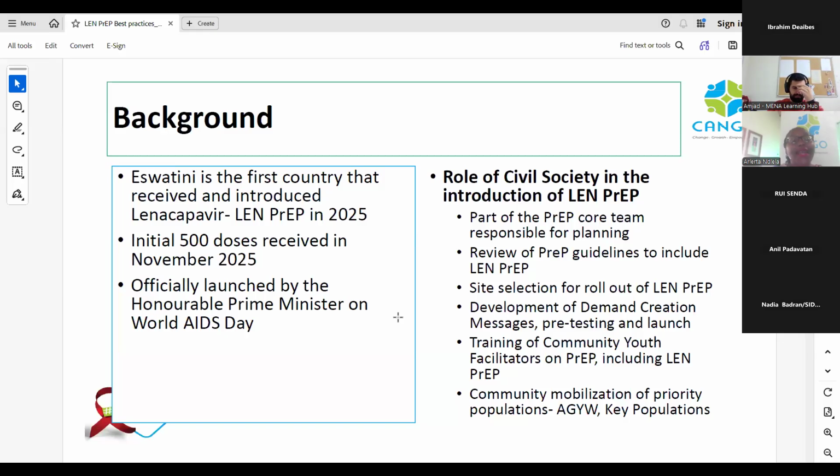However, Lenacapavir came in as a game changer globally, and for us, even in Eswatini, it came up as a game changer. So we initially received 500 doses in November through the support from the Global Fund and the partnership with Gilead. And it was officially launched by our Honorable Prime Minister on December 1st, World AIDS Day.